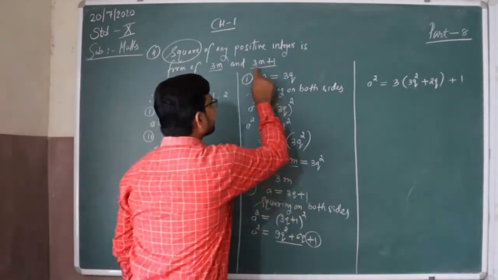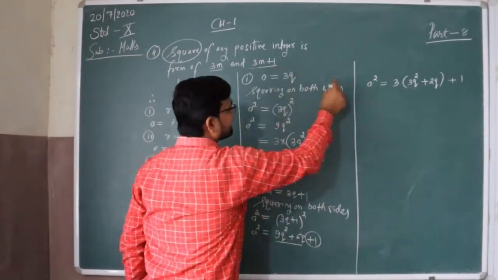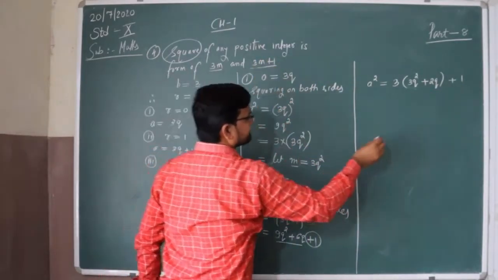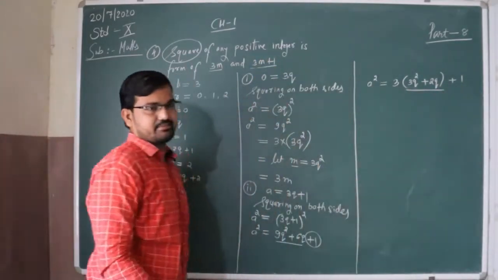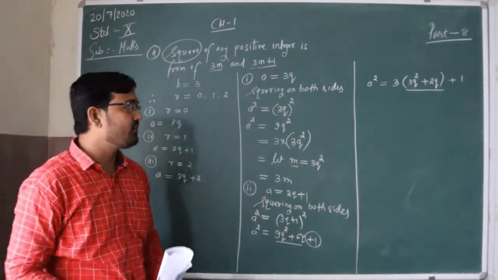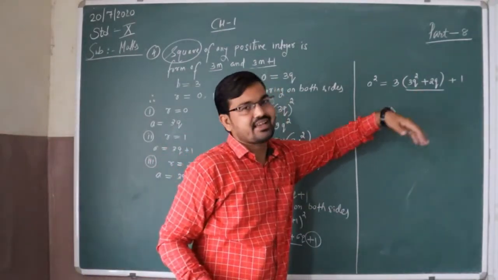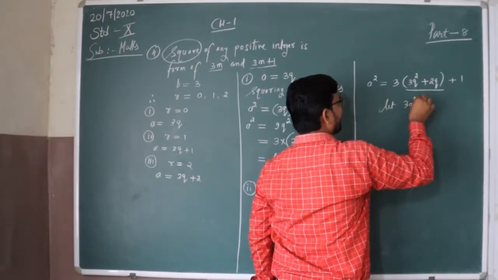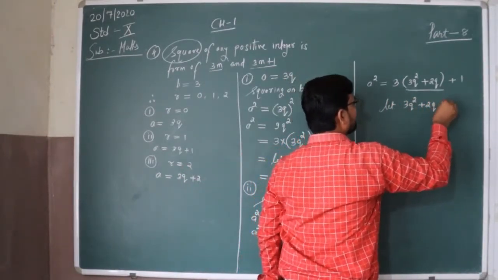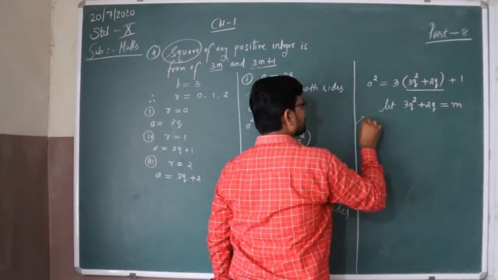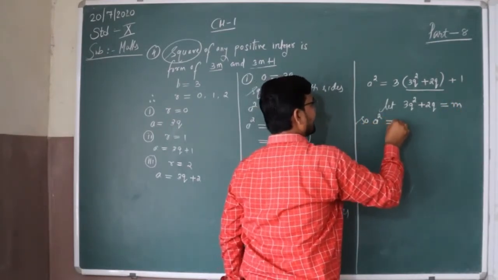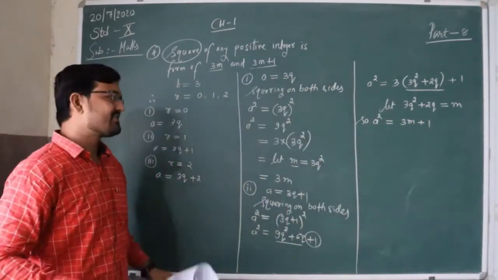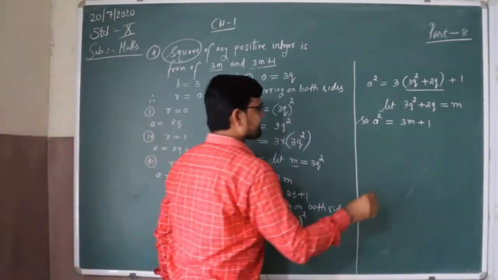So you can see 3 is there, plus 1 is also there, and in place of m, this bracket term is there. So we will suppose this as m. So let 3q square plus 2q be equal to m. So a square is equal to 3m plus 1.